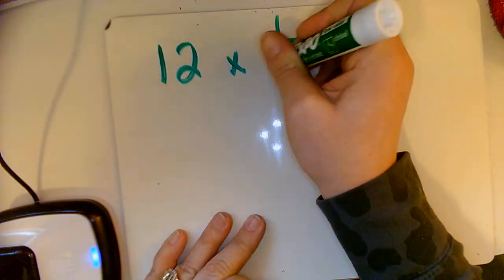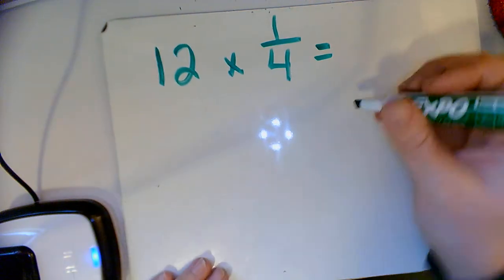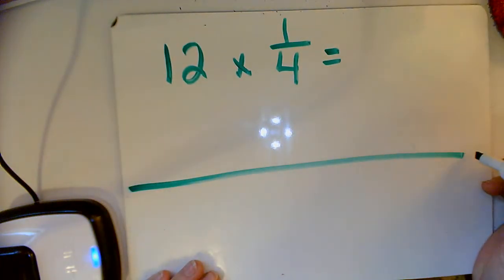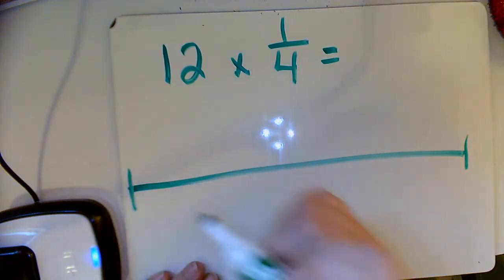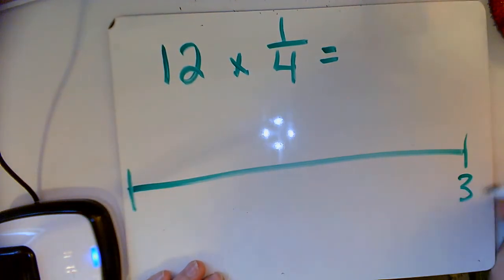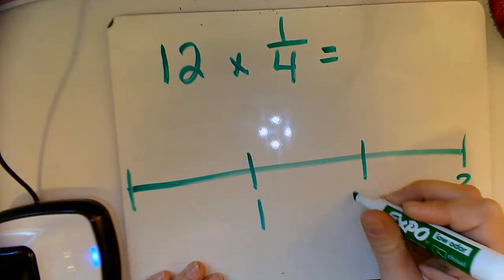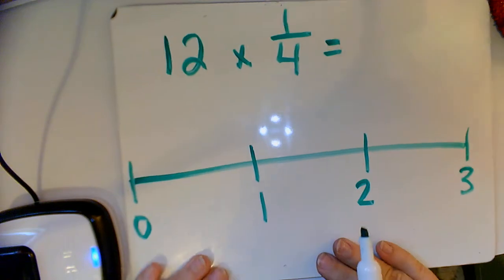Okay? All right, let's do 12 times 1/4. So I have 12 copies of 1/4. I'm working with fourths. So I'm going to break my number line into fourths.